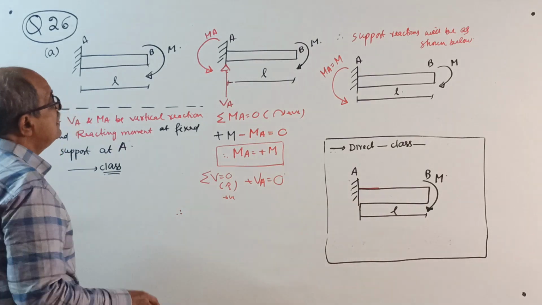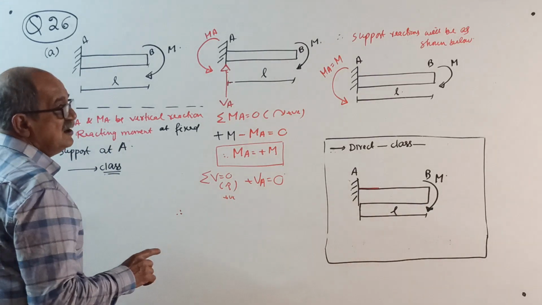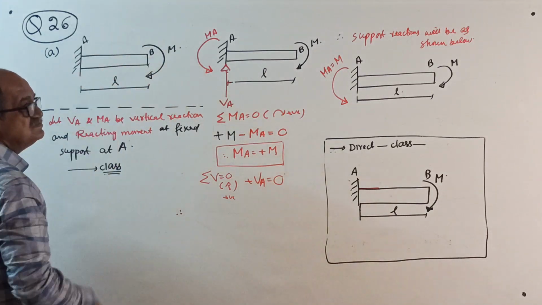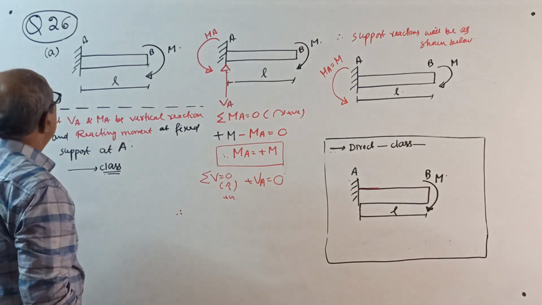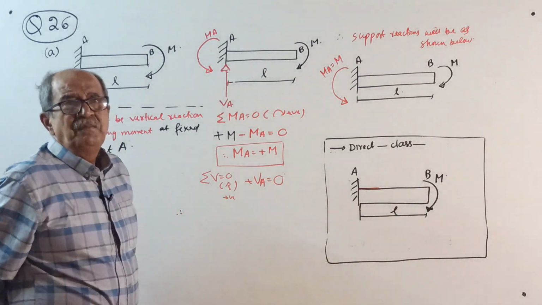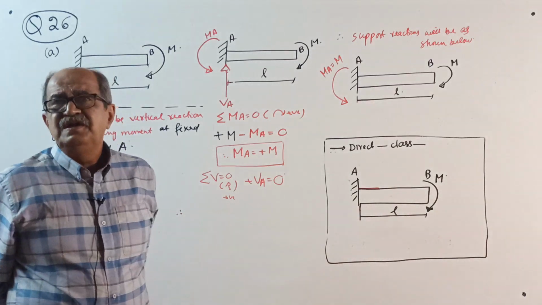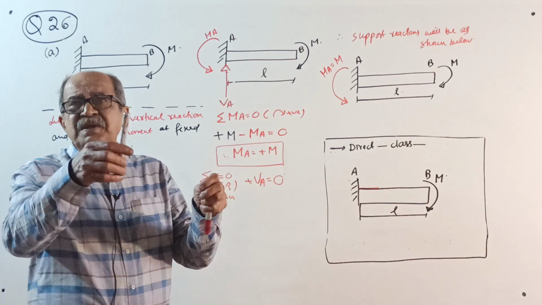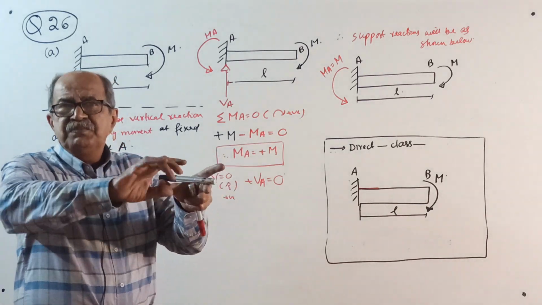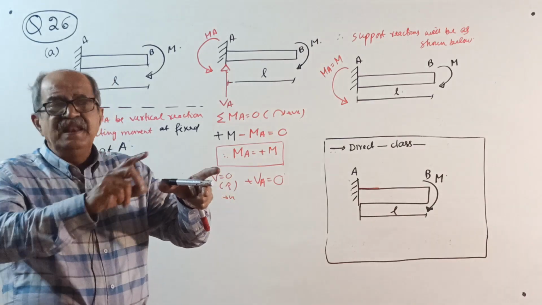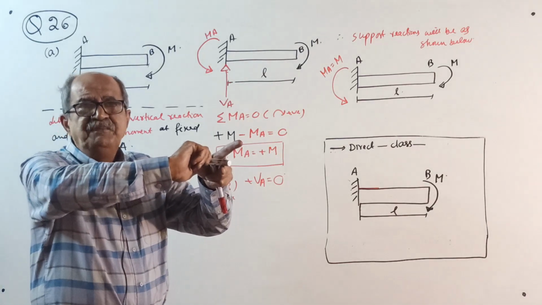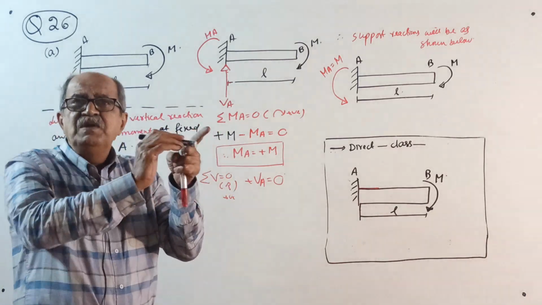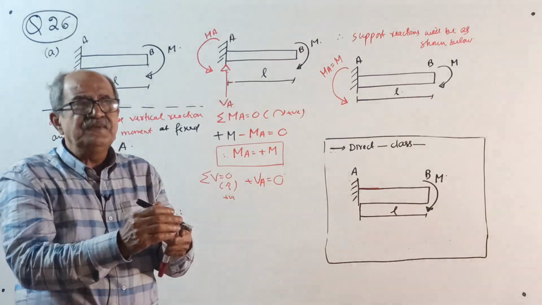Now decide the directions. See, there is no load here. If there is no load, it does not mean that there is no vertical reaction. See, in a simply supported beam, if you apply only a couple, one side will try to get lifted up, so reaction will come down; the other side will press down, so reaction comes up.